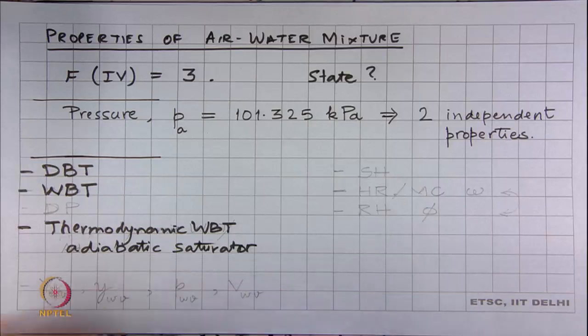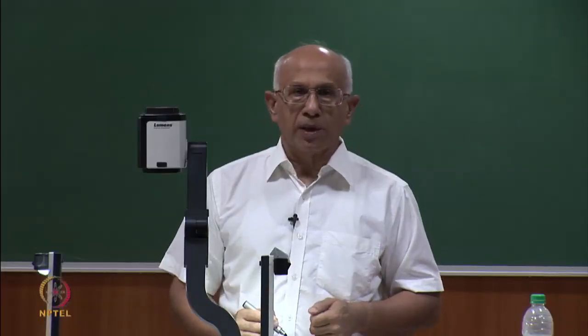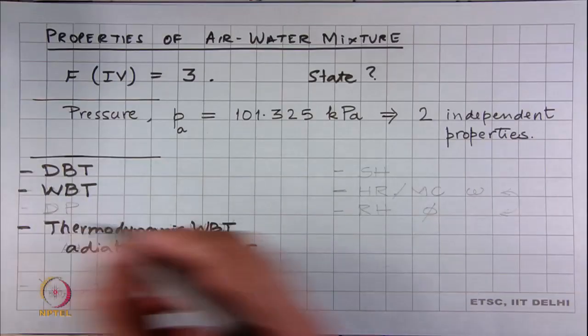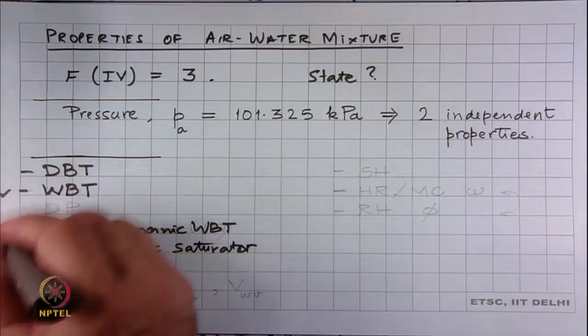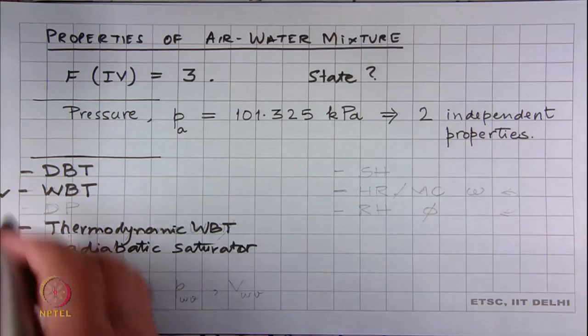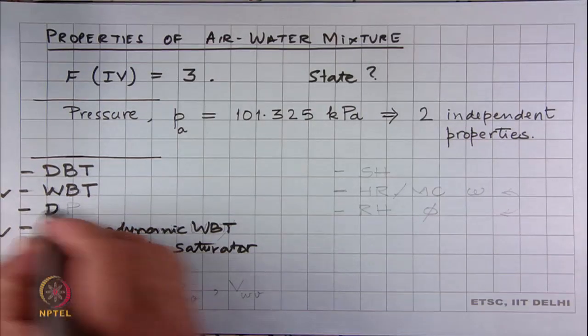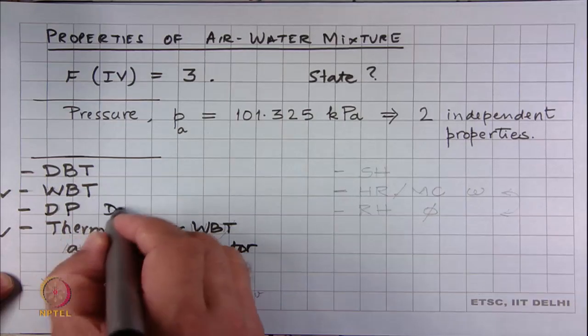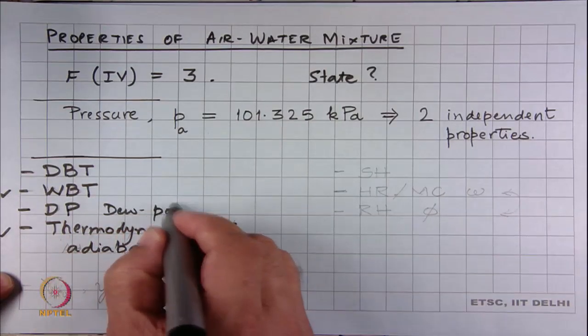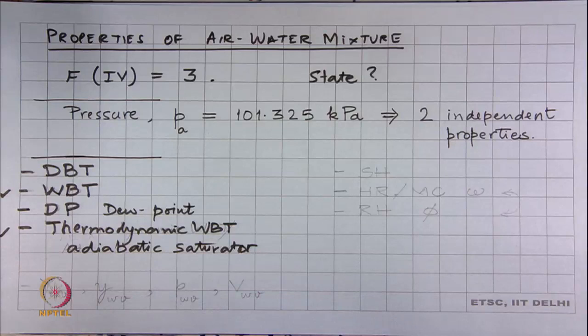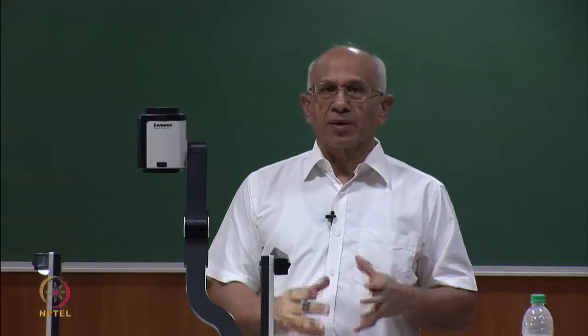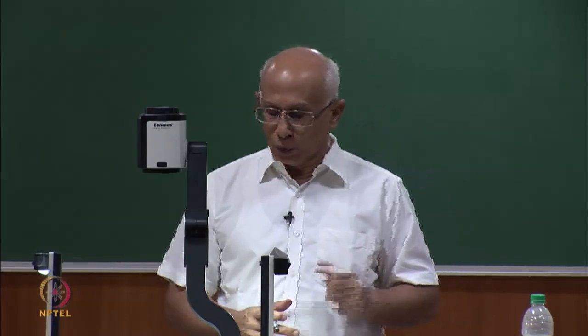But we do not use an adiabatic saturator for making practical measurements in day-to-day engineering. What we use is a wet bulb thermometer with a wick in it, that gives us the WBT, and for practical purposes we say that these 2 are identical. Yet another temperature property that we came across was the dew point, which is the temperature at which moisture will condense if that air sample were to be isobarically cooled.